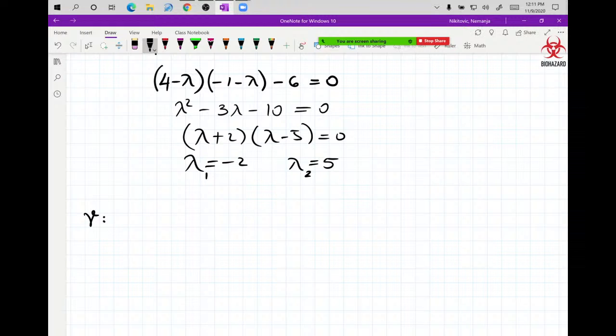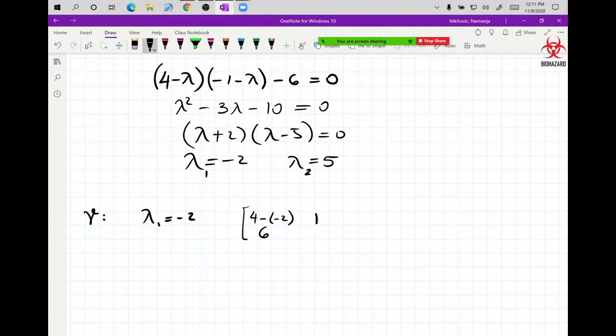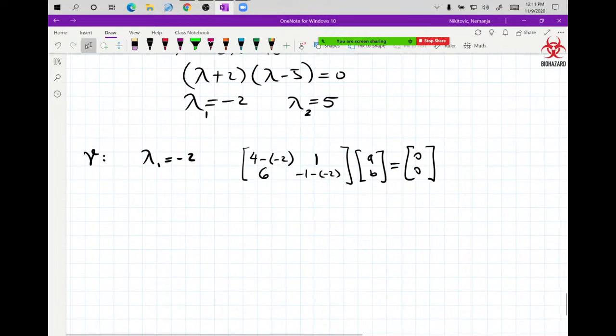Eigenvectors. So when lambda 1 is -2, my matrix now is 4 minus -2. Was it a 1 or a 6 here? 1. And then we have a 6 over here, and this one was -1 minus -2. All of that needs to be multiplied by a and b, and to give us 0, 0. So that's 6, 1, and then 6, 1 again.